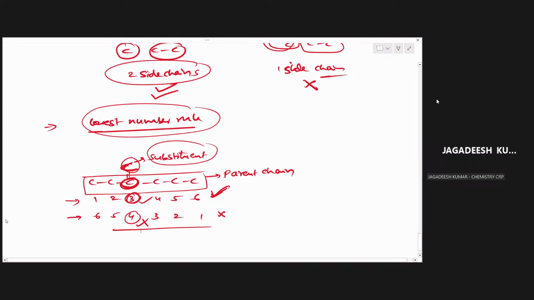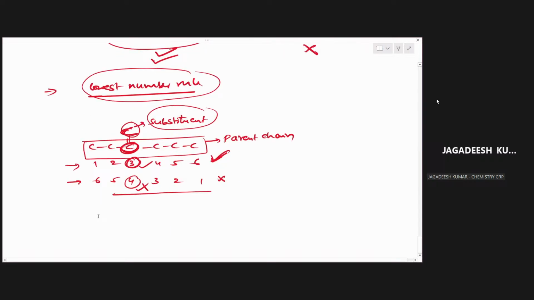Where the substituent is present, connected to the parent chain, that carbon should get the least number while you are giving the numbering. So that number 3 is called the locant, or we can also say the positional number.